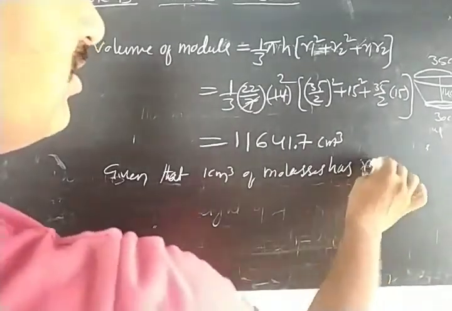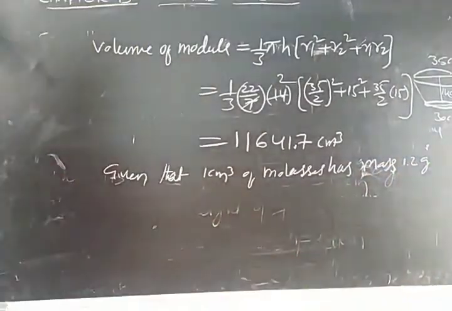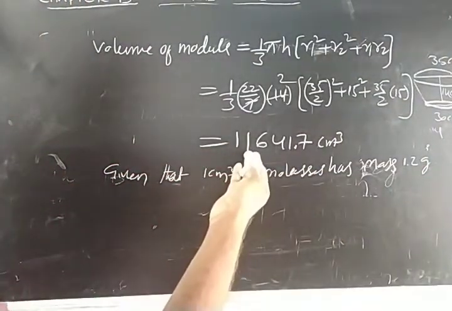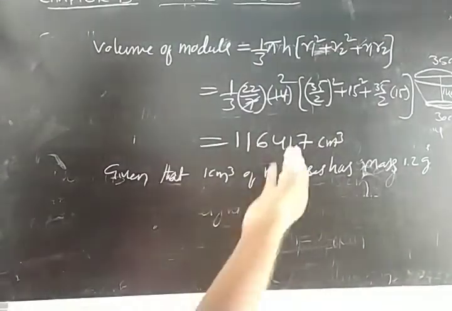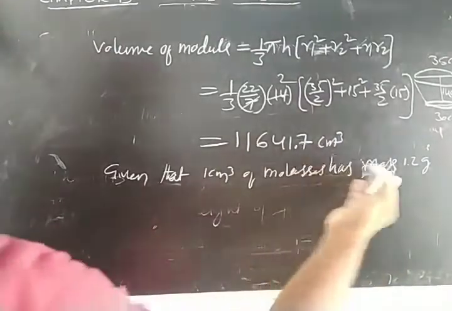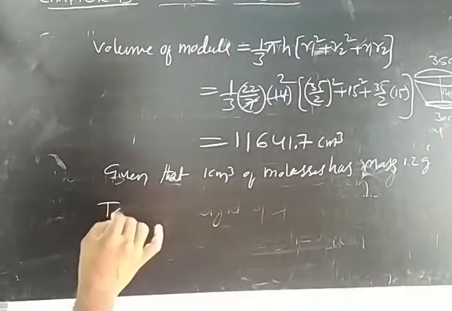After pouring, the molasses will occupy 11,641.7 centimeter cube. So how can we get the total mass of the molasses? Multiply this volume by 1.2.